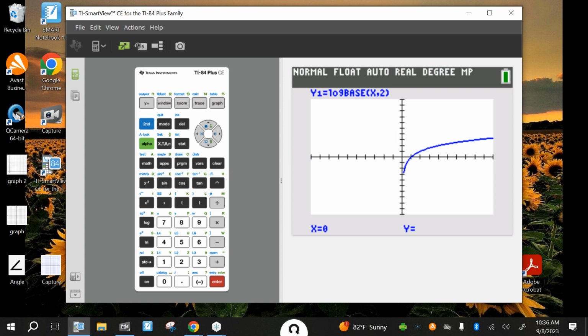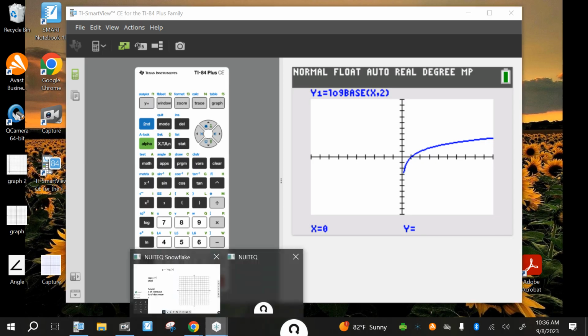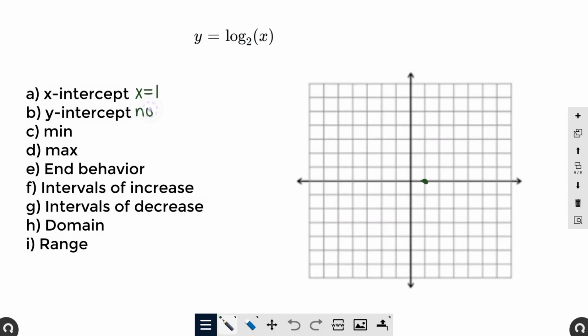What's my y value? Nothing. It's not there. So does it have a y-intercept? No. So y-intercept would be none. What happens with your graph is it hugs that y-axis and then it goes up and over. Remember, it's a reflection of the exponential. So the exponential hugs the x-axis, the logs hug the y-axis.